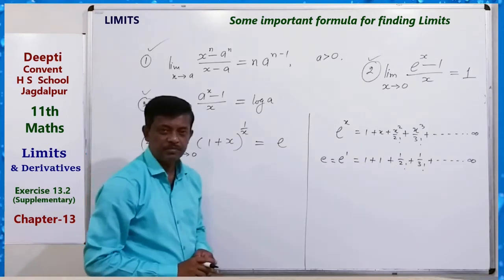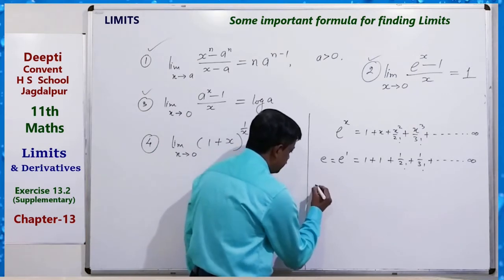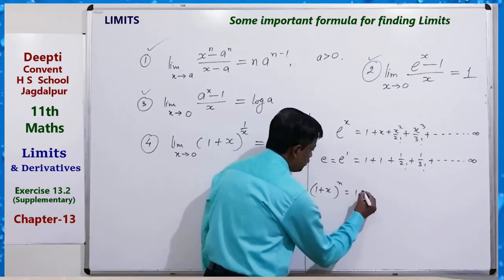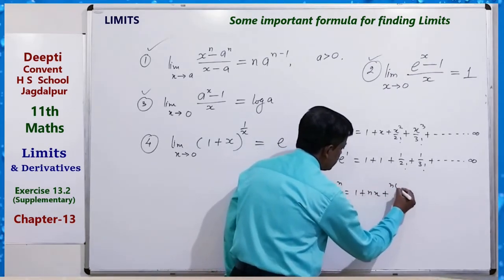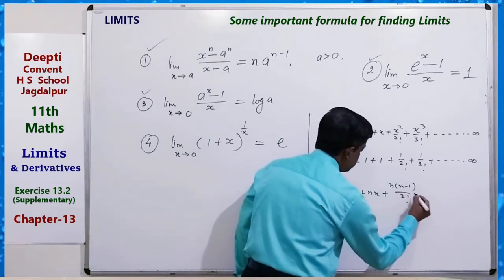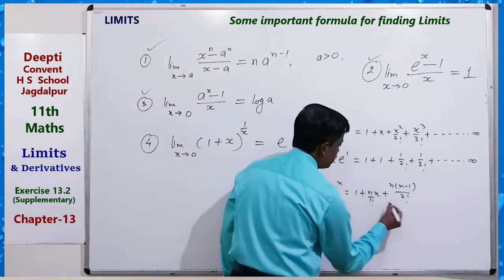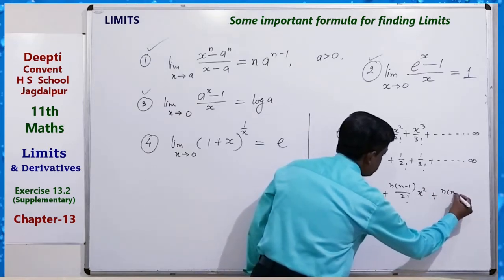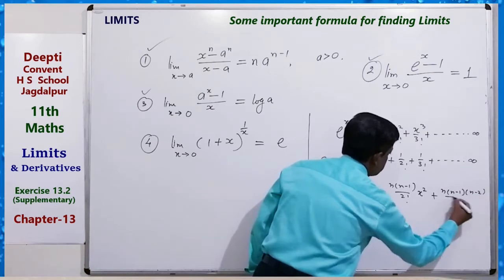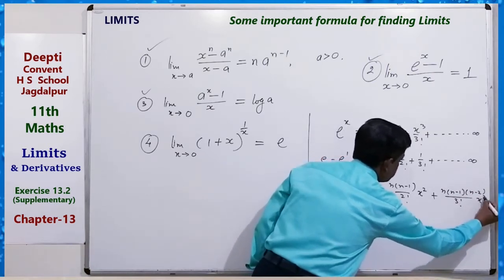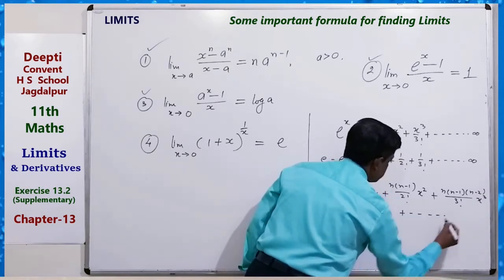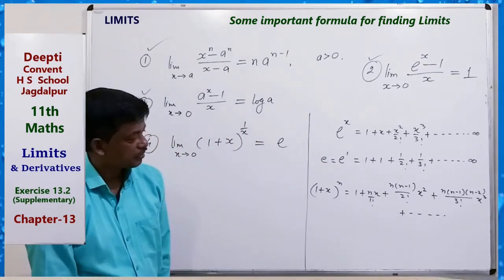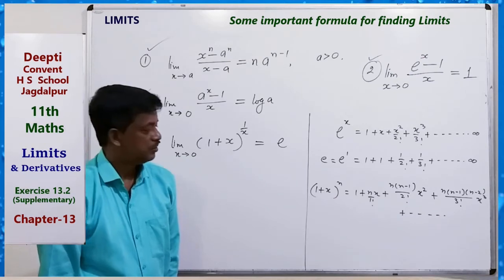We know the binomial theorem: (1 plus x) to the power n equals 1 plus nx plus n(n minus 1) by 2 factorial x square plus n(n minus 1)(n minus 2) by 3 factorial x cube plus and so on. So this is the formula for binomial expansion. Clear? This is the formula.